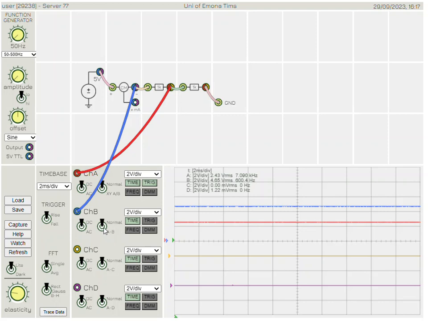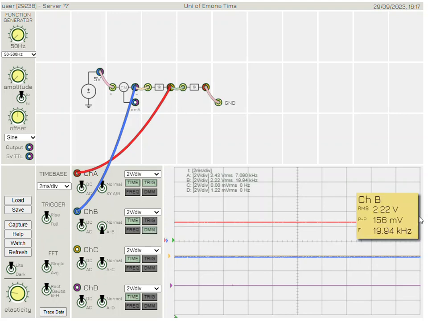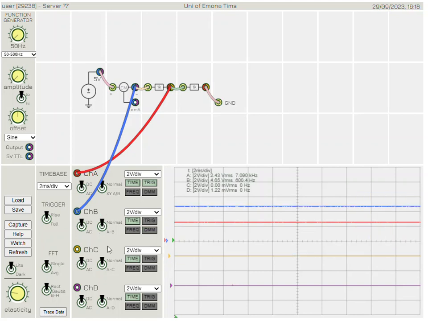So if I click on this switch, channel B becomes the difference between A and B. And because B is greater than A, it's a negative signal. So it gives us 2.22 volts, which is what we would expect, because 4.65 minus 2.43 is 2.22 volts.